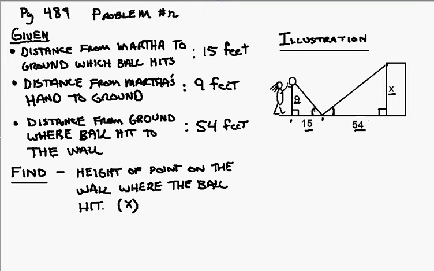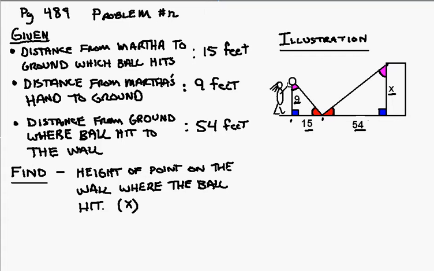So if these angles are the same measure here and here, and we know that these angles right here are both 90, that means the remaining angles, which are here and here, also have to be the same. So if we have corresponding angles congruent, then we know the triangles are similar.